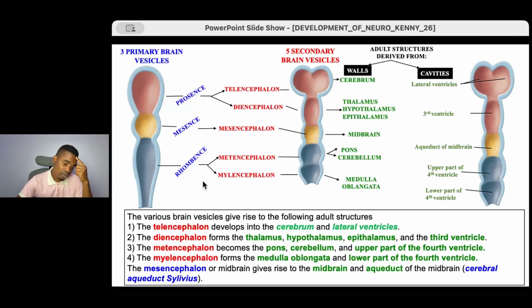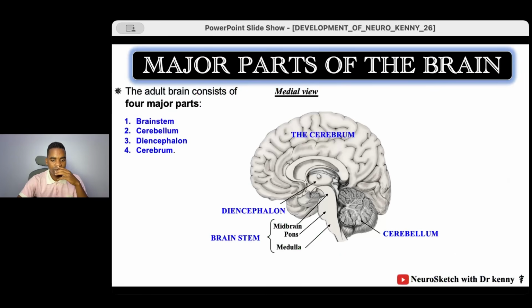To conclude, let's see the major parts of the brain. The adult brain consists of the cerebrum, the diencephalon, midbrain, pons, medulla, and cerebellum. But I want to make something very clear here: the midbrain, pons, and medulla together form a continuous stalk, and this stalk is known as the brainstem.